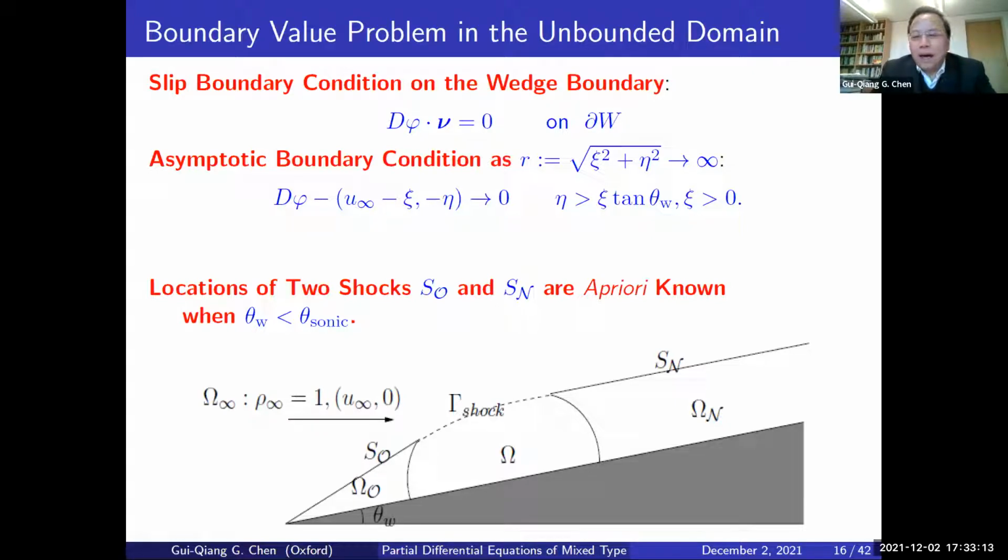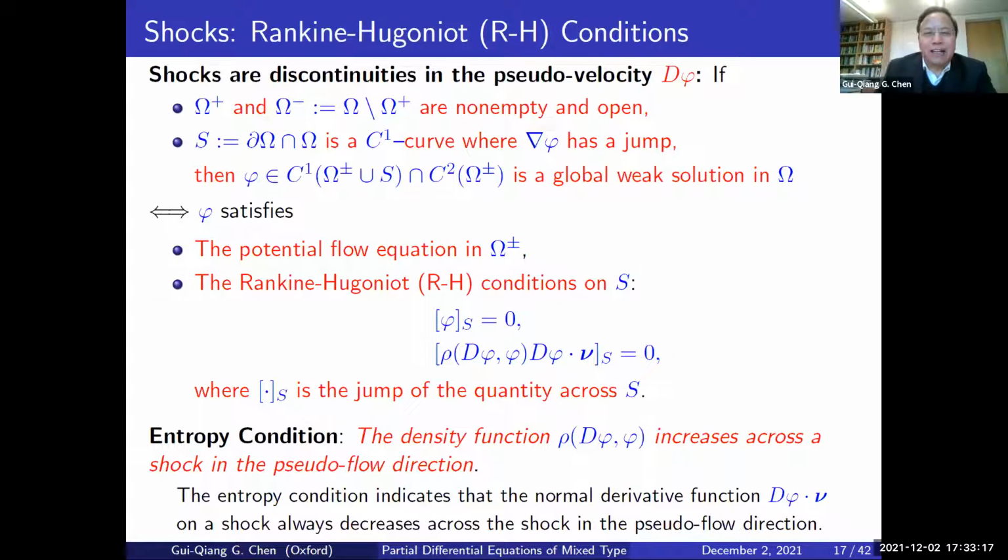Okay. Now here I mentioned the shock several times. Shock waves really are discontinuity waves, here a two-dimensional discontinuity wave. In this case, with respect to the pseudo velocity including phi, suppose we have a shock separating two regions.